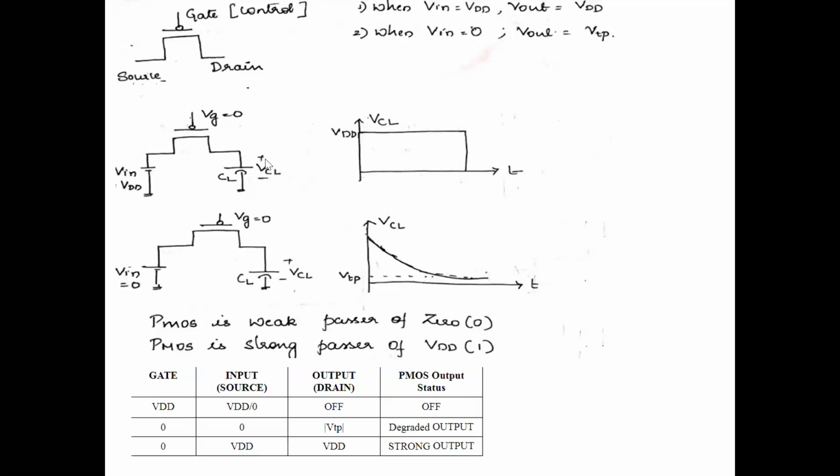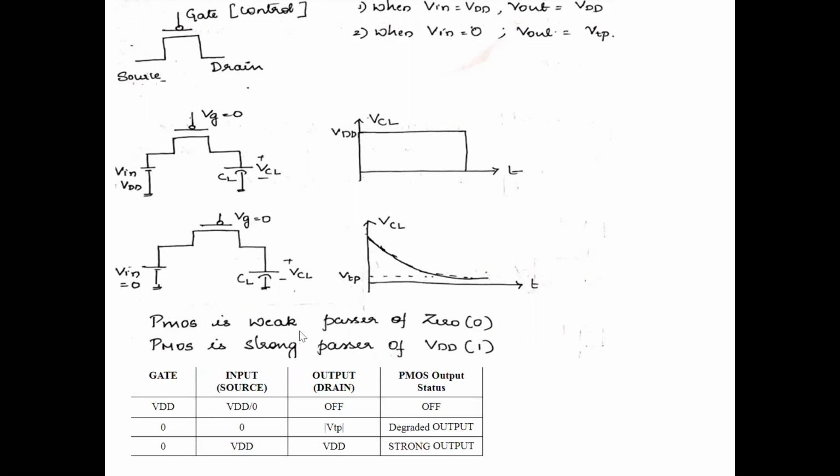The capacitor will fully charge to VDD. Whereas when the input is 0, the output will never reach 0, but will be a value higher than 0. If this value is around 1, instead of reaching 0, the output voltage will be at 1 volt.